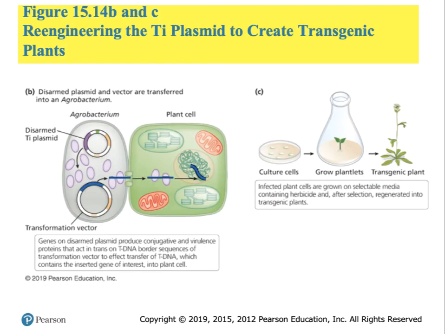The second half of figure 15.14 relays these concepts. So here are your 2 plasmids. This is the transfer taking place to the plant cell, and then the subsequent incorporation into the genome of the plant. Part C just shows us how cultured cells can be then grown into entire plants that are transgenic.